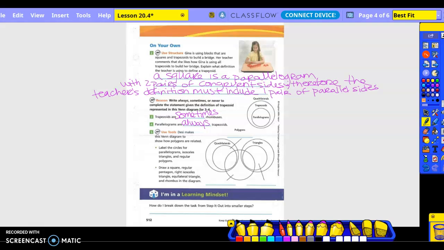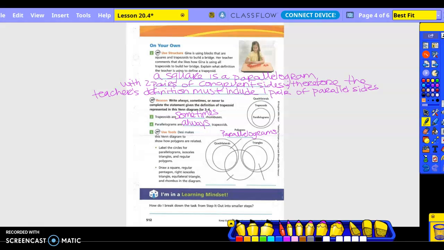Number 5, use tools. Desi makes this Venn diagram to show how polygons are related. Label the circles for polygons, isosceles triangles, and regular polygons. Okay, so quadrilaterals and triangles are all what? They can all be parallelograms, right? Okay, where would isosceles triangles go?